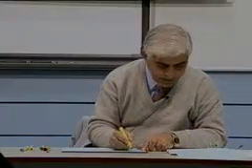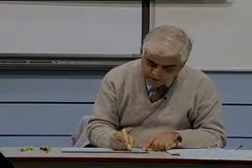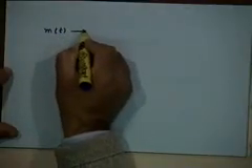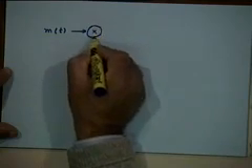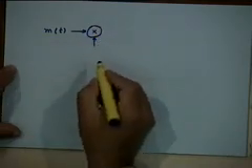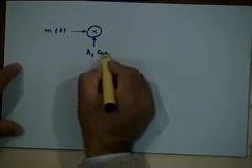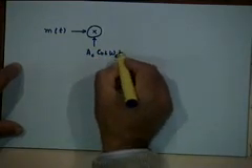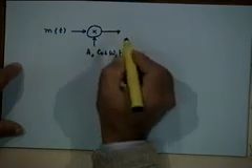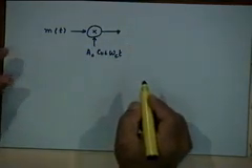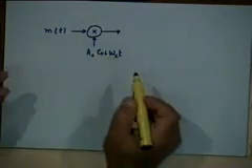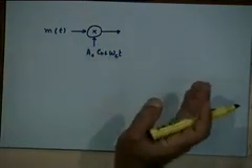Sorry, let me take a fresh page. You start with your message signal m(t), have a product modulator which multiplies with the carrier Ac cosine omega c t, right? And what should you do next? This will generate the double sideband signal.